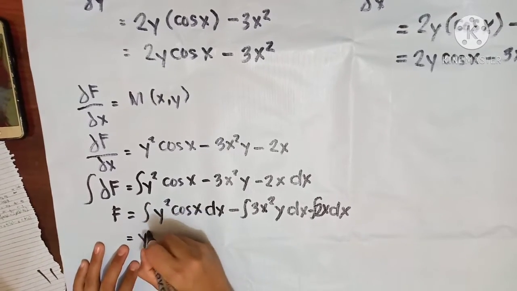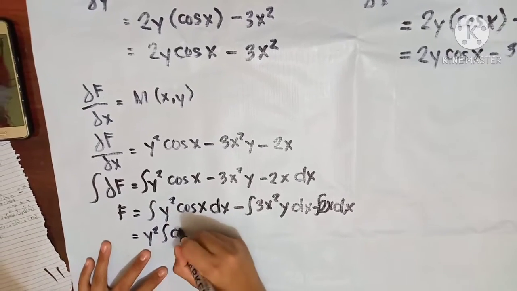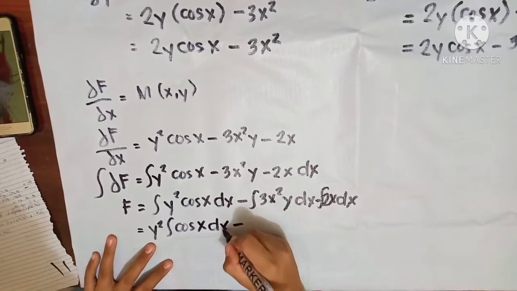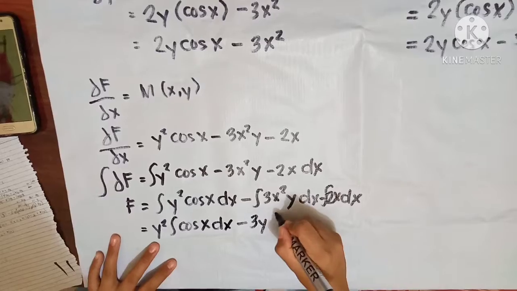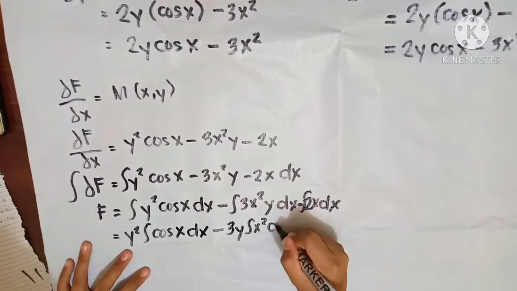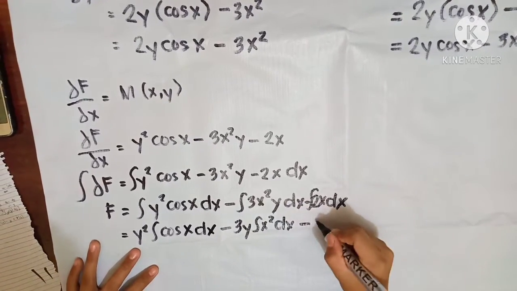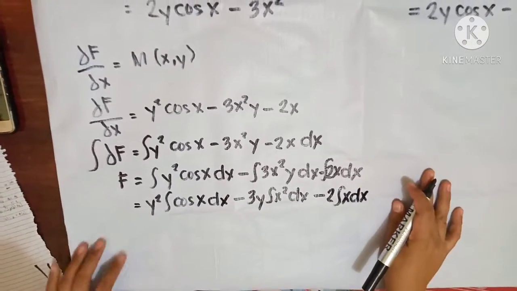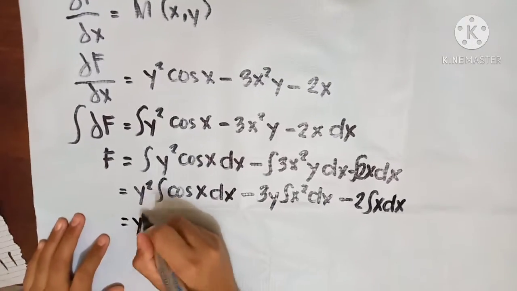So this will become y squared integration of cosine x dx minus 3y integration of x squared dx minus 2 integration of x dx. So integrate, we have y squared.